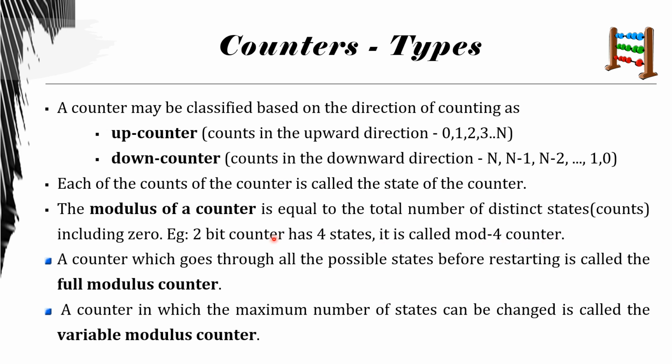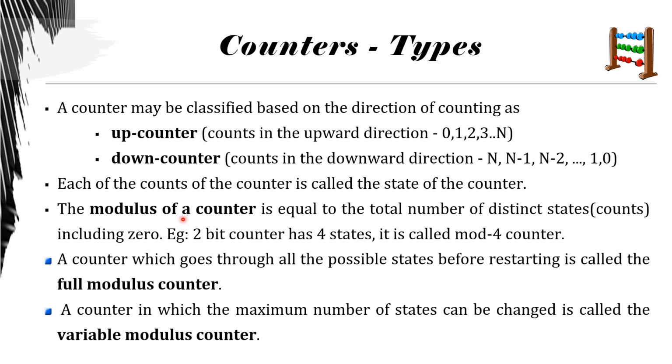An n-bit counter with 2 raised to n states can be called a mod 2 raised to n counter. A counter which goes through all the possible states before restarting is called a full modulus counter. And a counter in which the maximum number of states can be changed is called a variable modulus counter.